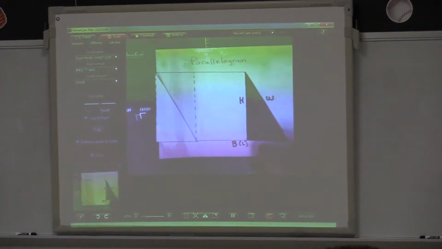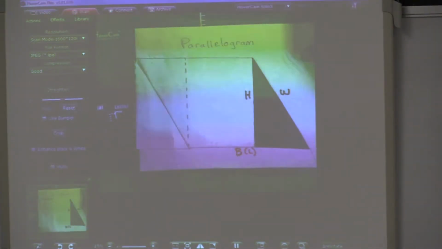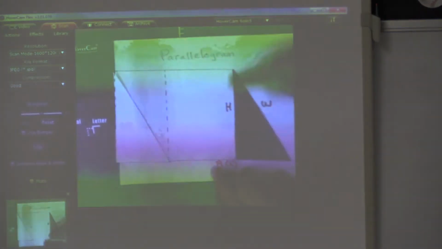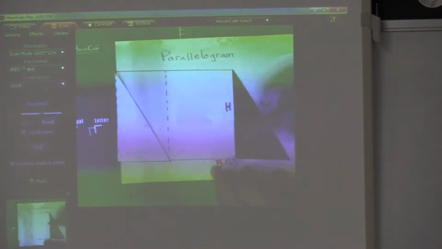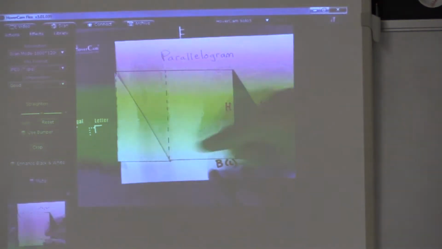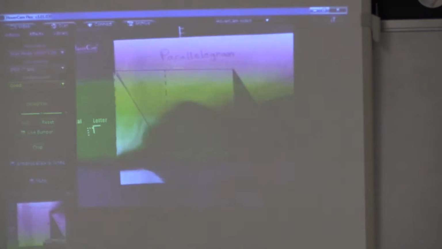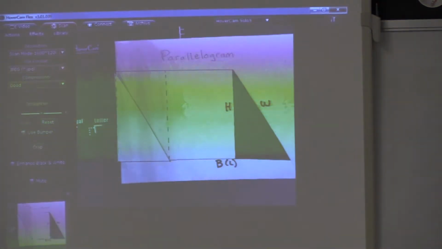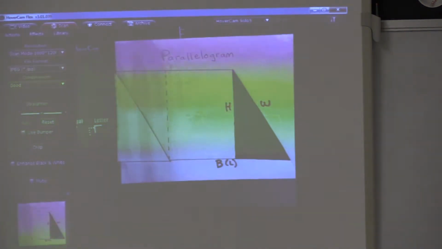Beautiful. So what did we do? We took the triangle, we transposed it from here to here. What figure do we have left, guys? What is that thing? Rectangle, right? And the rectangle we said is length times width, or, as you learned, base times height. Base times height. So, there you go. Why is a parallelogram not length times width?